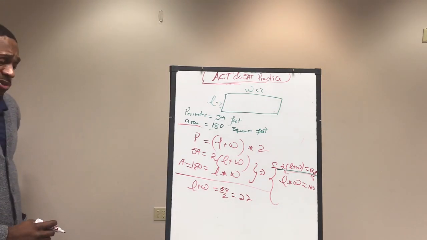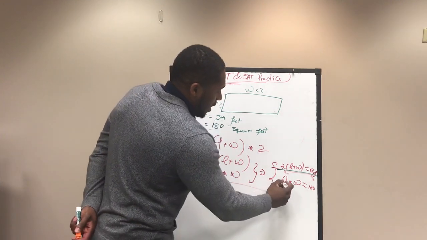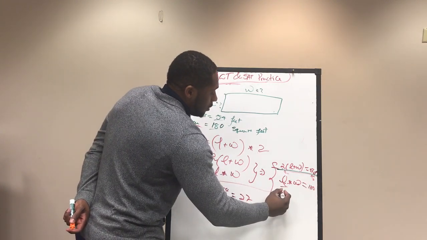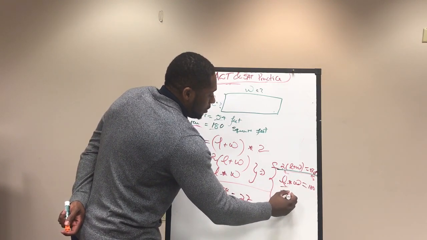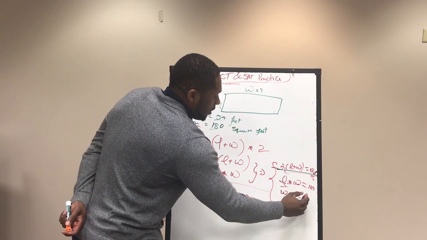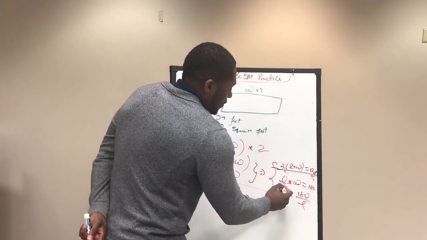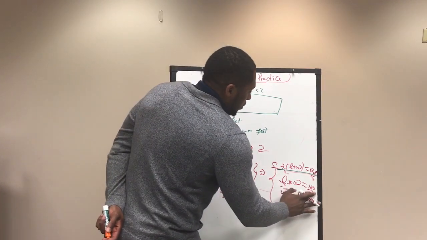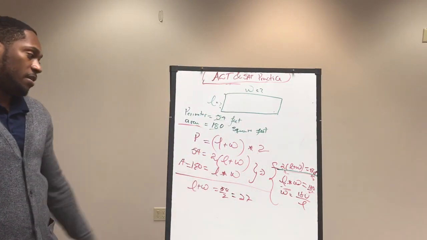Length plus width is equal to 27. Now in this equation, we have length times width, which is 180. So what we can do, we can say W is equal to 180 divided by L. I divided each side by L. So W equals 180 divided by L.